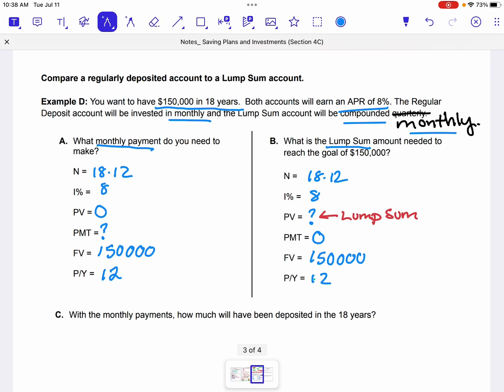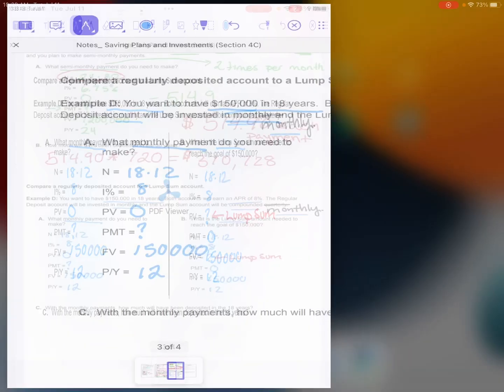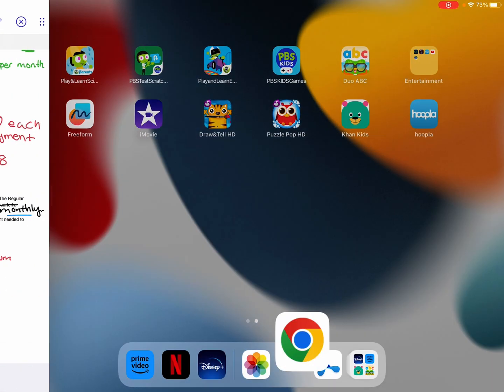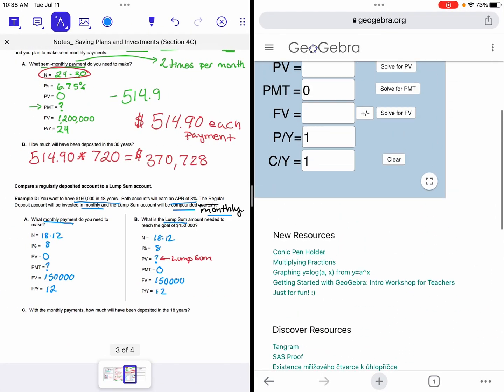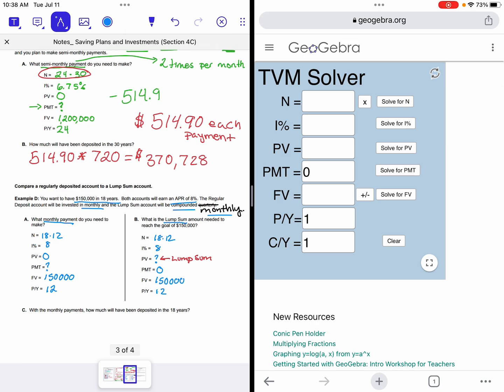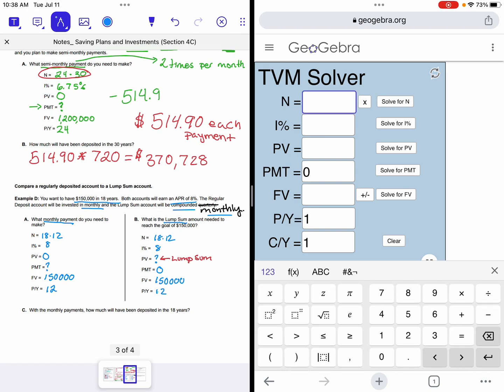All right, let's start with our monthly payment calculation. So we want to go through and figure out how much our monthly payments are. So we know our number of payments is going to be 18 times 12, which is 216. We have an 8% interest rate.